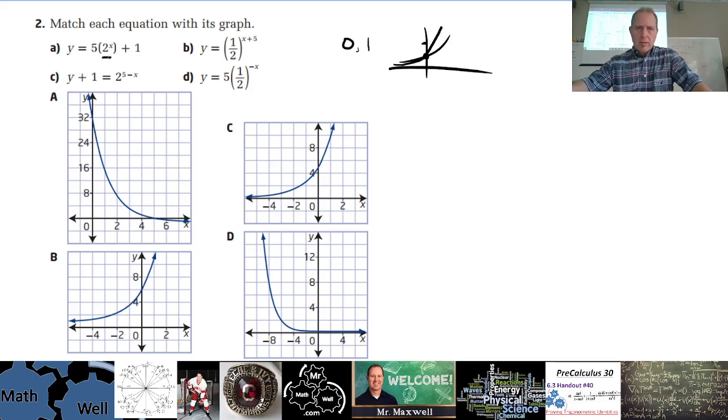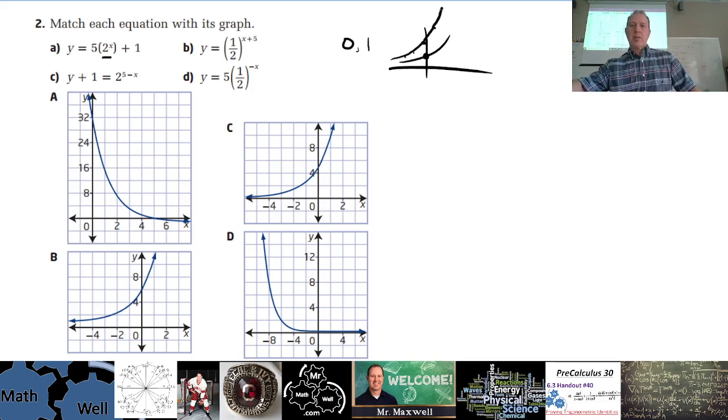2 to the x was 5 plus 1. Make sure I got the right question here. Hang on. All right, so the 5 here stretches the entire graph. Every y value is times 5. So every value would be times 5 up like this, I guess. So yeah, my bad there.